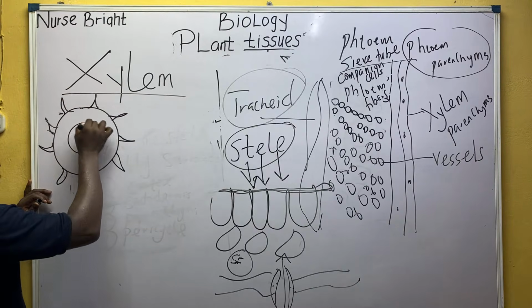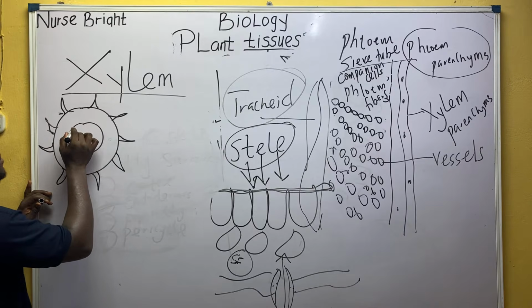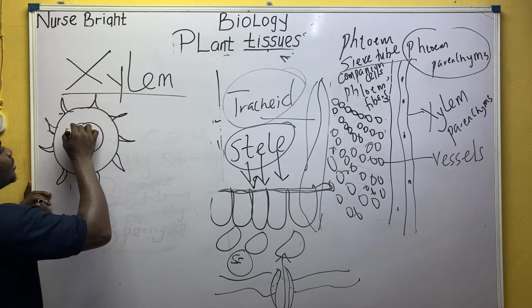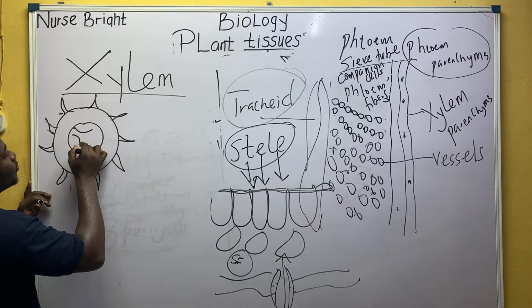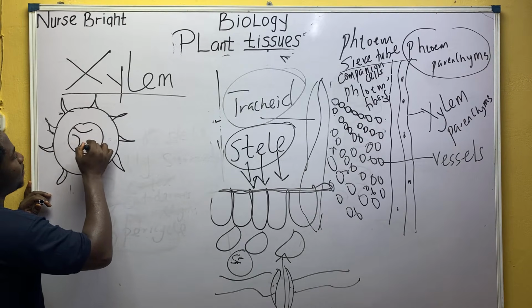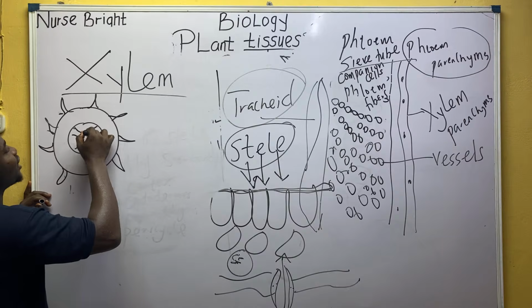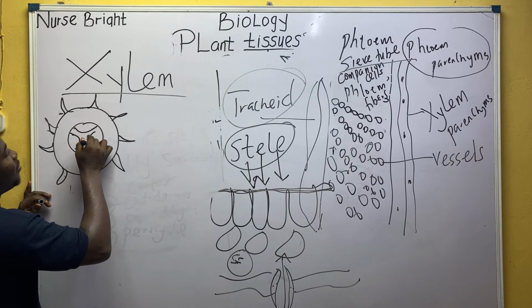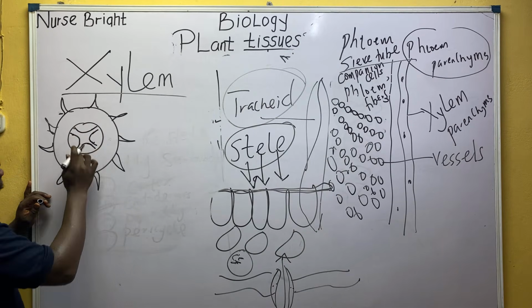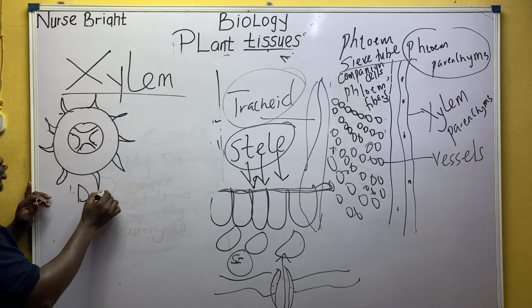But let's just get into the xylem. If you look like a star, like this, like a star shape, not a perfect star shape but like a star shape, we say that you are a dicot root.